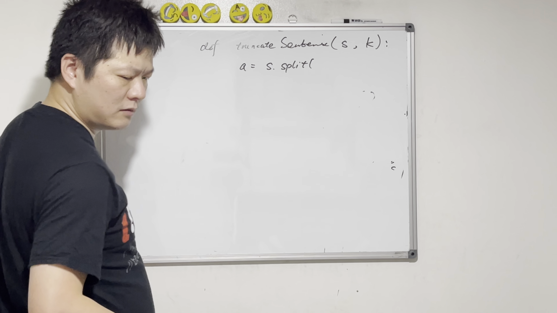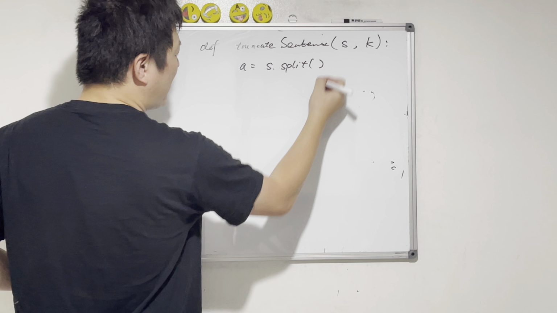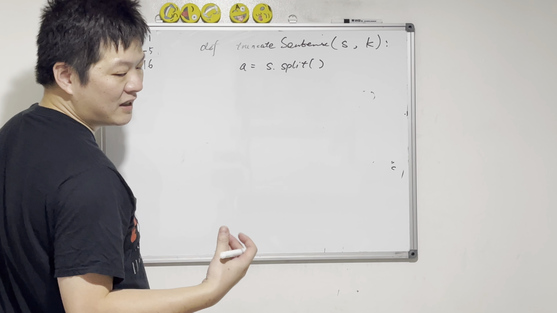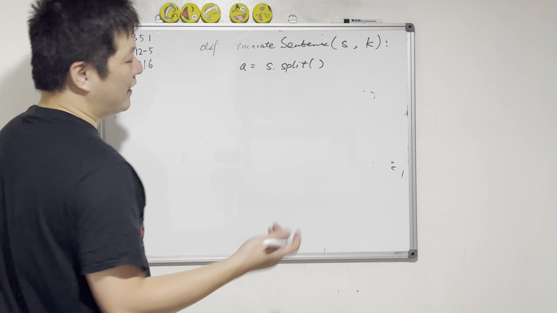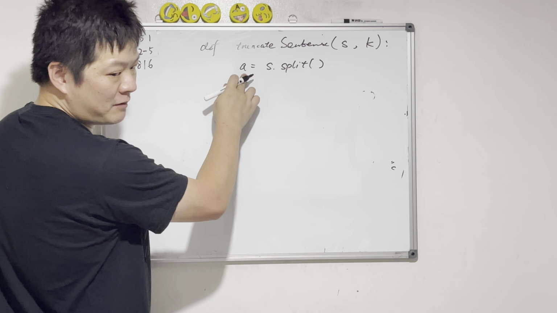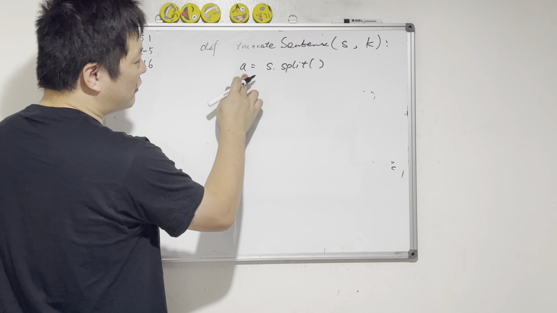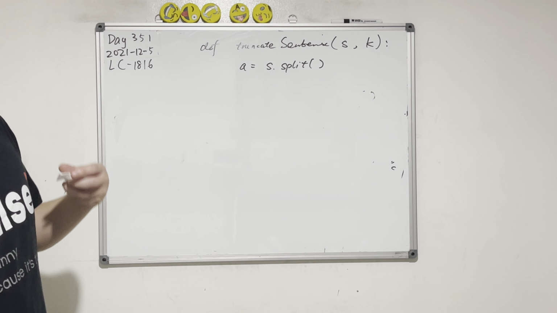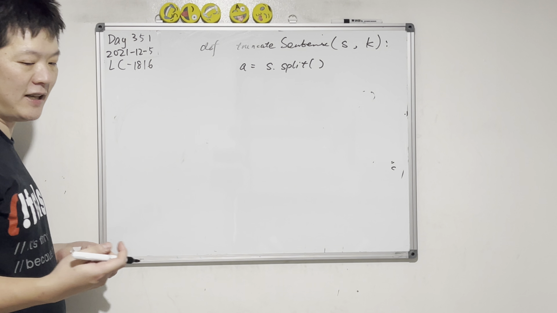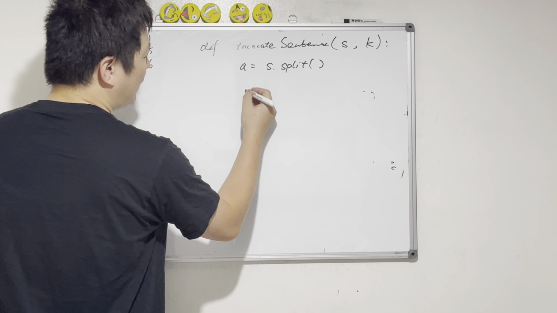No. If we don't give a parameter, it ignores extra spaces. Now A is an array of strings. So how do we convert the array of strings back to a sentence, remember?